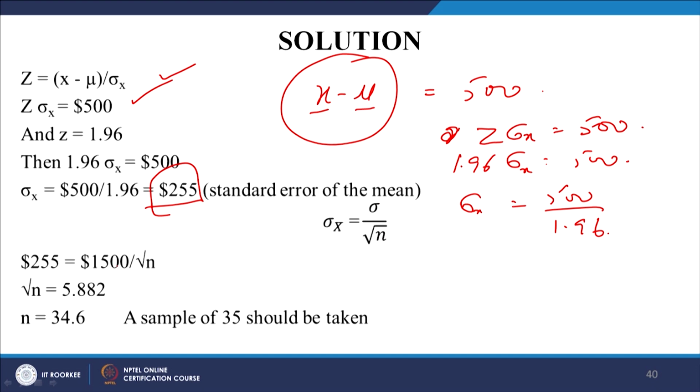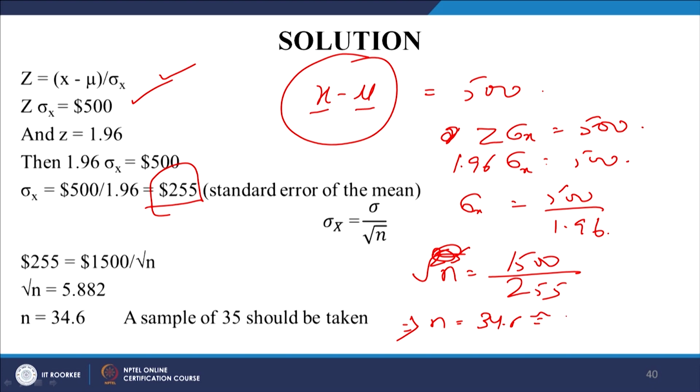So, root n is equal to 1500 divided by 255, and finally n is calculated as 34.6, or approximately 35.